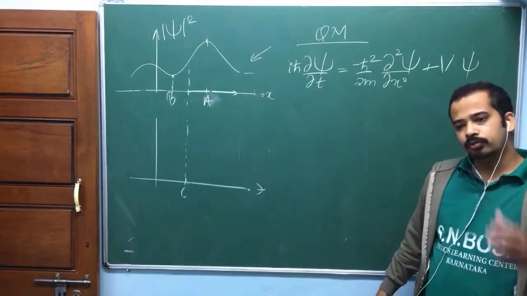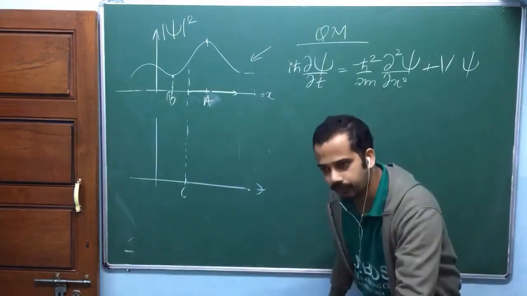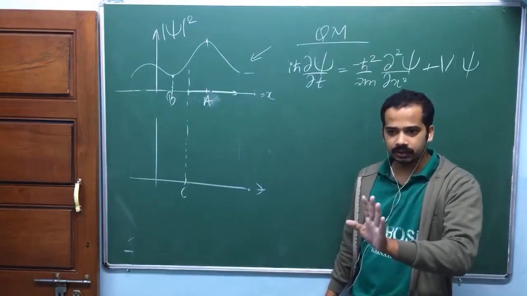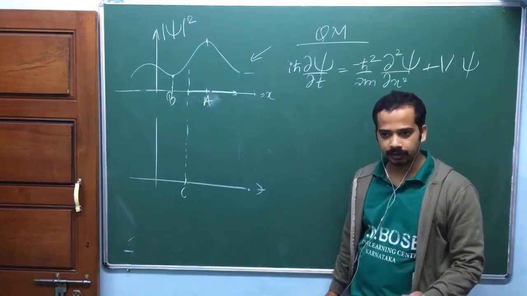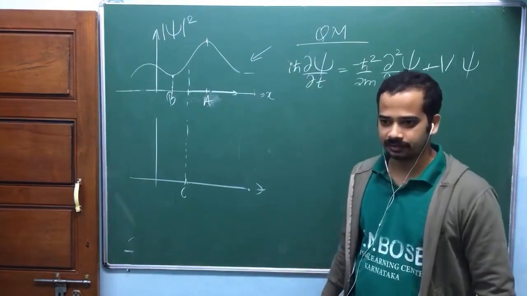If you do a momentum measurement, you will get one of the momenta. If you do a position measurement, you will get one of the positions. By doing one measurement, you can't talk about uncertainty. I get your point. One measurement will give you something.